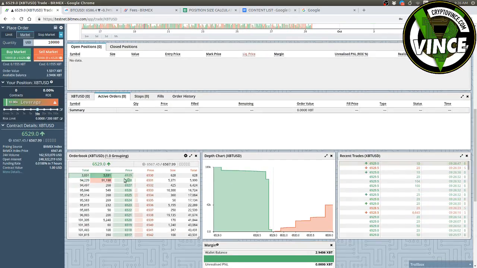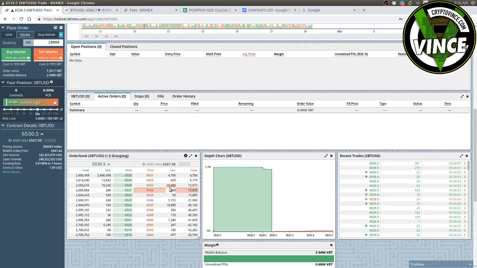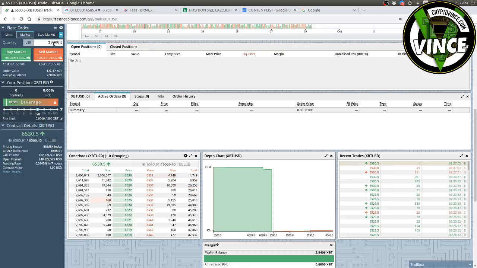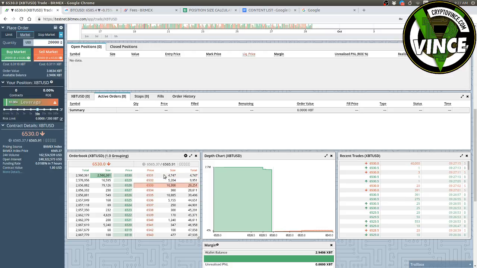So here, if there are some selling orders with sizes of like 10,000 and 5,000, and I want to buy 20,000, I'm gonna buy from those guys. So if I open a position for 20,000 right there, at 10 times leverage, whatever, and I buy market, I'm gonna buy directly from the order book. So my order will get executed directly right there.